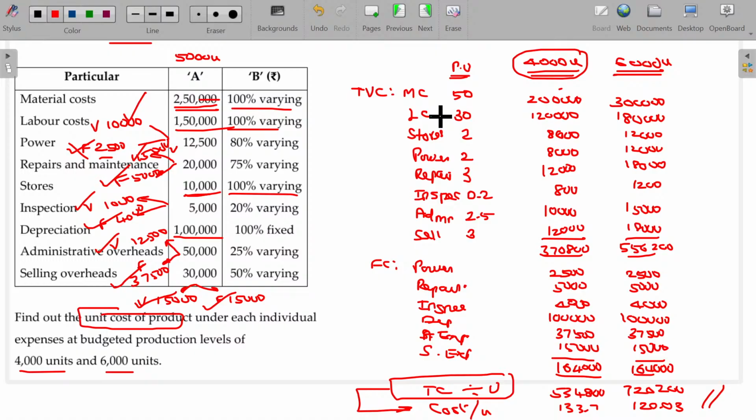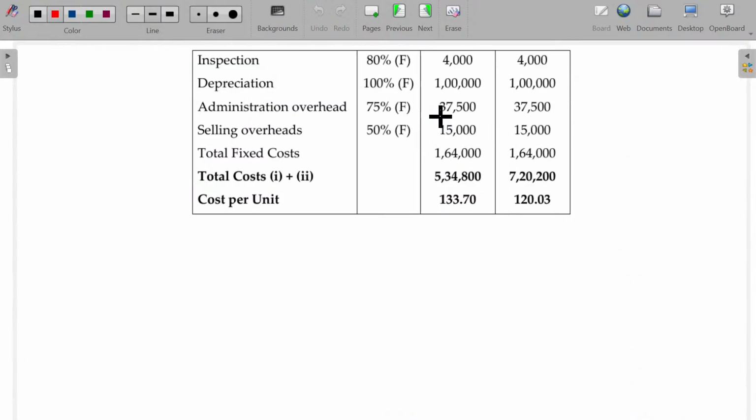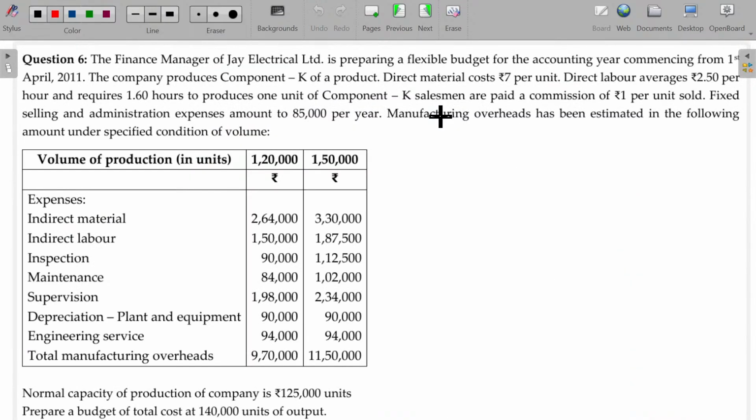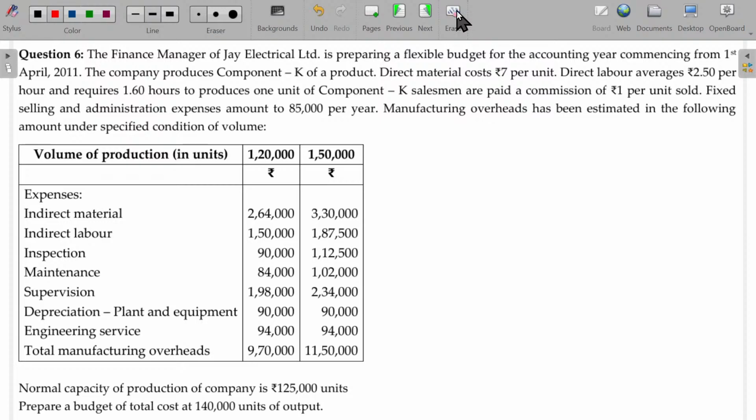Now, we'll move on to the next illustration. This illustration is one of the unique methods because you have been given the total cost for different levels of operation for production of 1,20,000 units and 1,50,000 units. You need to prepare a budget of total cost for 1,40,000 units.